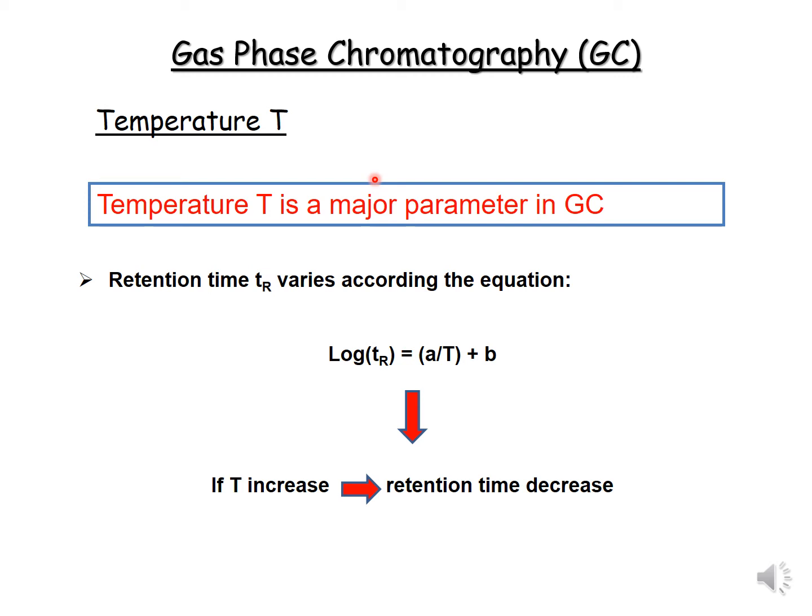We will speak about the nature of the stationary phase later, but concerning the temperature, we know that the retention time varies according to this equation: log of TR, the retention time, is equal to A over the temperature plus B. It means that if I increase the value of T, of course, the retention time decreases.